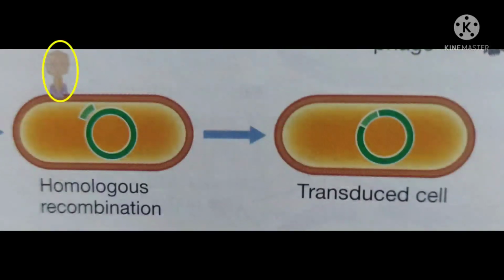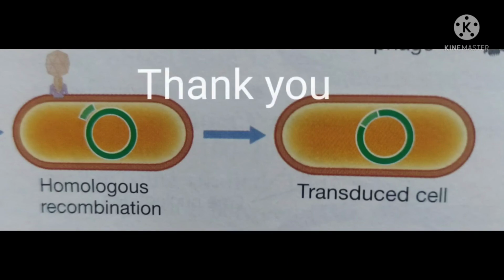The new cell contains two types of genome: one is its own genome, another is the genome from another bacterium. Such a cell is known as a transduced cell, and the overall process is known as generalized transduction.